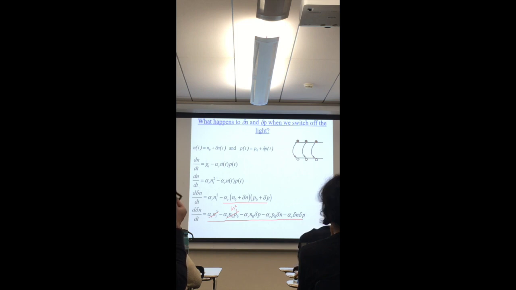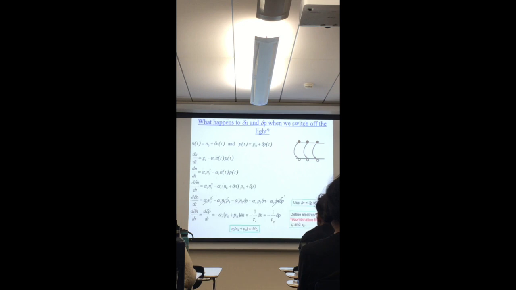Also, let's assume this delta n is much smaller than n, and delta p is much smaller than p. Then this is a high order term, which will be negligible compared to the other terms, so we also ignore this high order term. Now this expression here can be simplified like this.